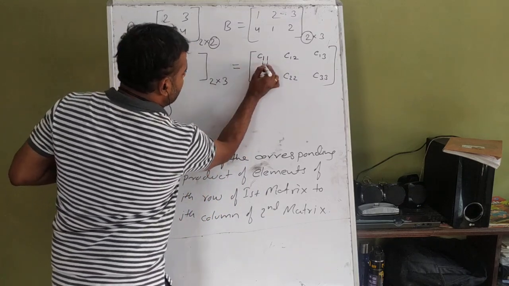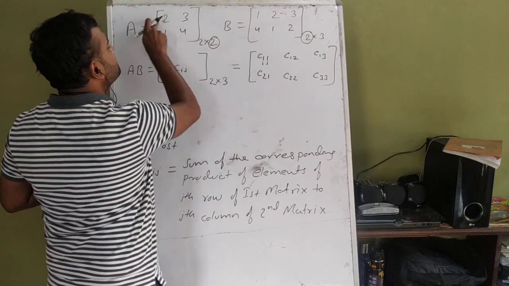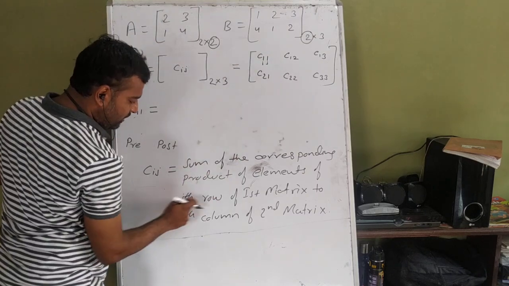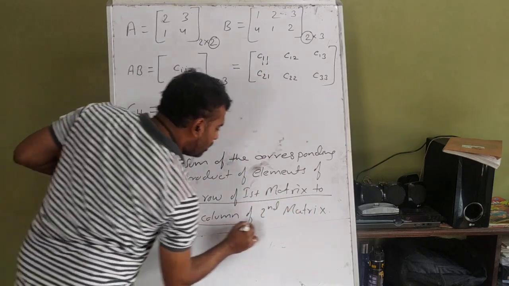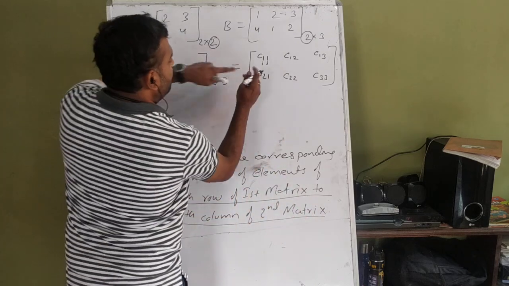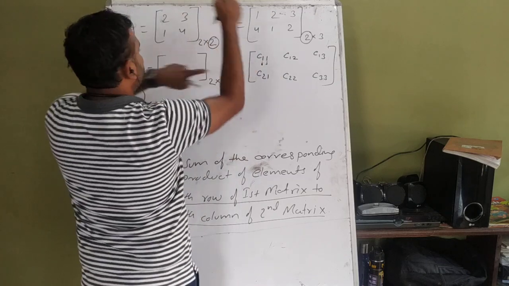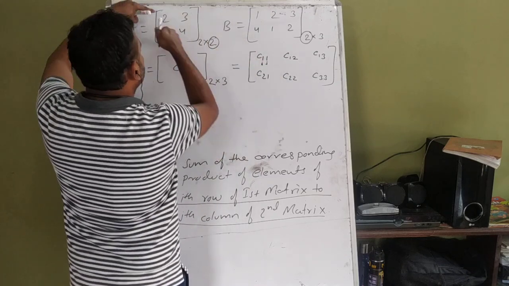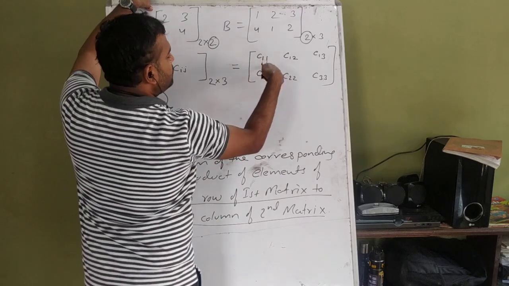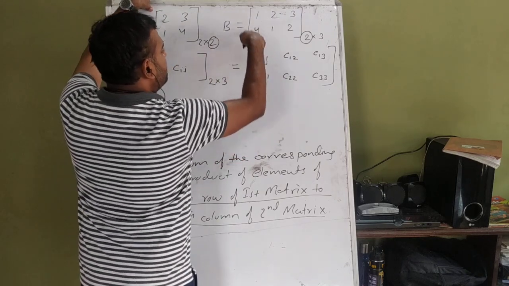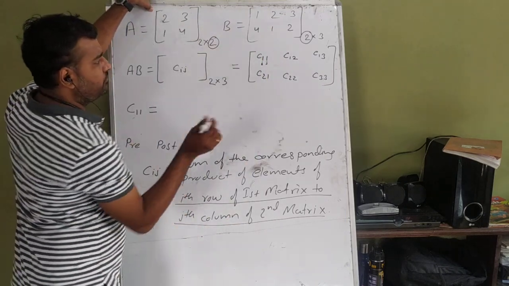You have to take the ith row of the first matrix and the jth column of the second matrix. Here i is 1 and j is also 1, so the first row of the first matrix and the first column of the second matrix. Be very careful.